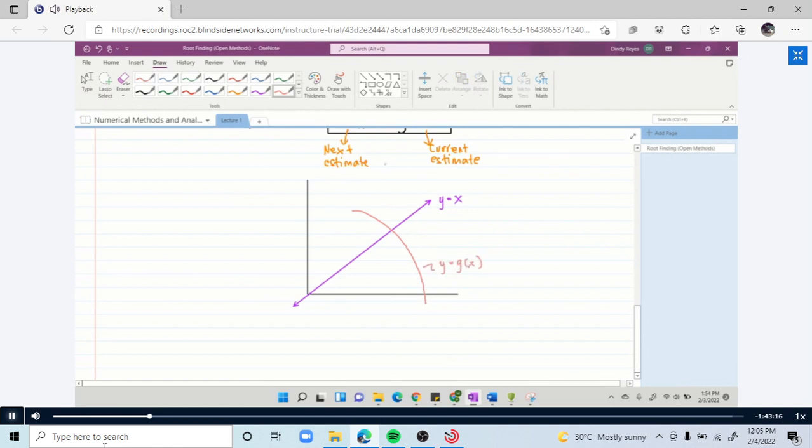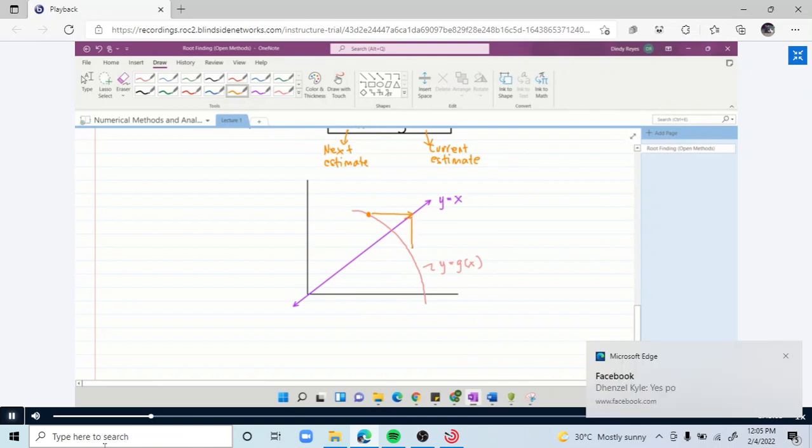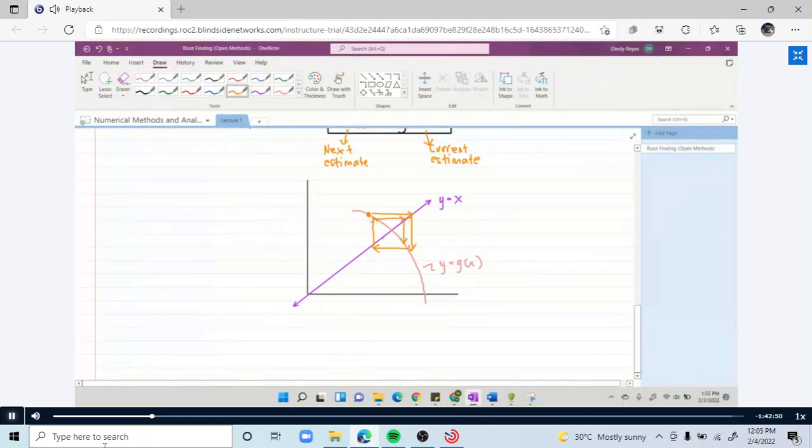All right. Here, and then you apply g, and then you get another estimate, and then it's the same here. You get another estimate, and then you apply again to g, and that new estimate you apply to g, and it goes on and on until after a certain number of iterations, you arrive at this root.